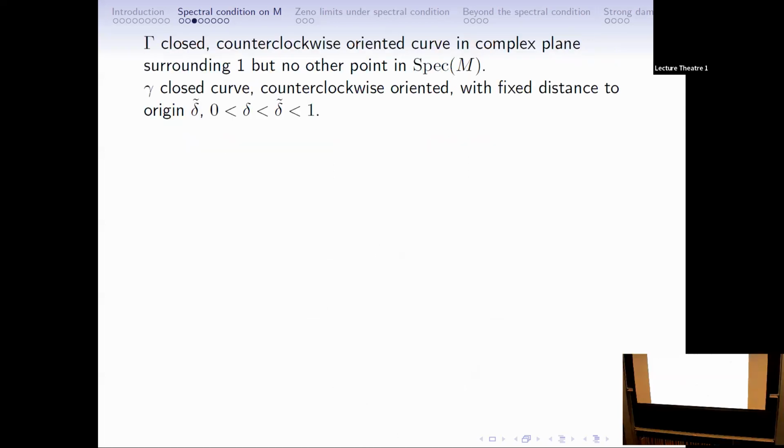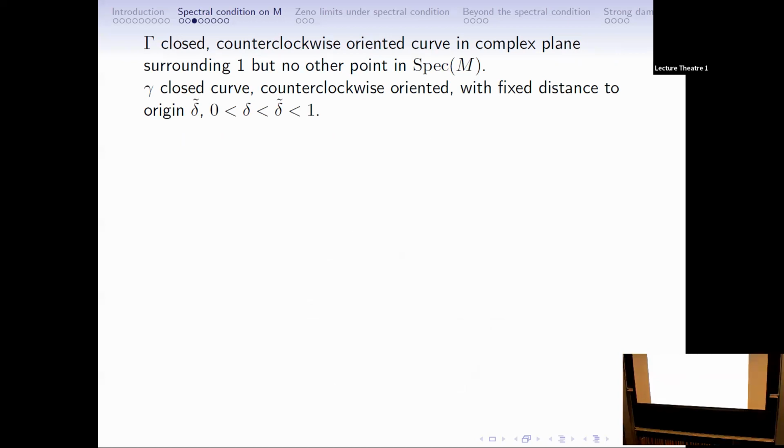Why is that nice? Because now I can do some functional calculus, or define some spectral projectors, by looking at closed curves which only enclose one and the rest of the spectrum. So big gamma is this curve which surrounds one, very bad notation to give a talk, I realized.